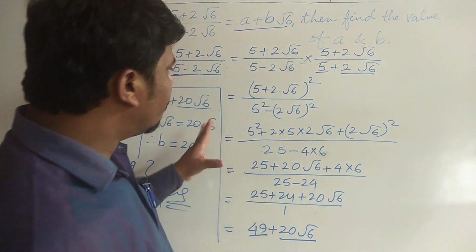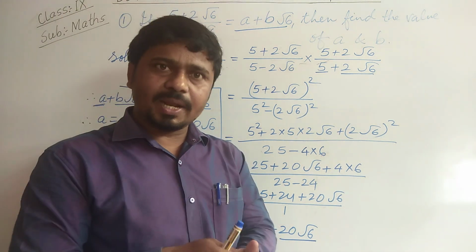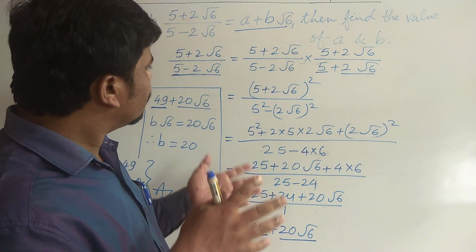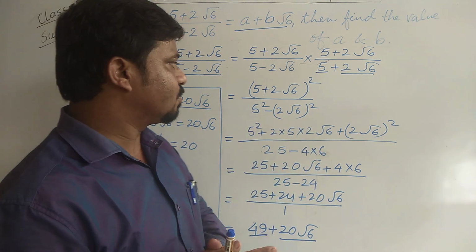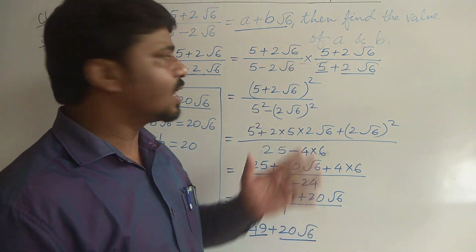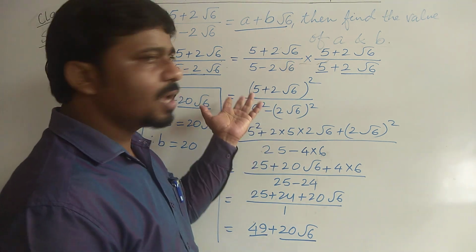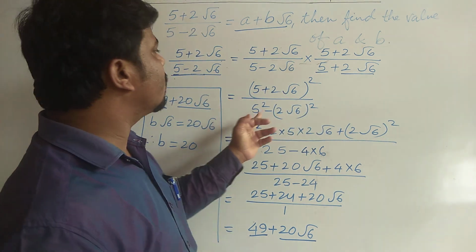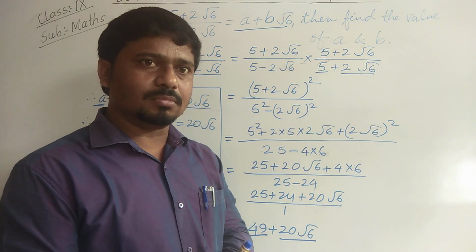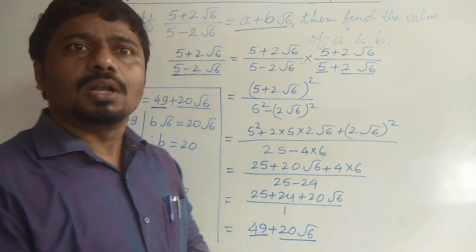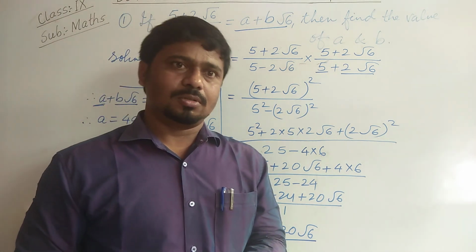But without learning algebraic identities you cannot solve this type of question, because we need to apply them. You can see sometimes (a + b) whole square comes, sometimes (a − b) whole square, sometimes a² − b². These properties are coming, so you need to learn them. Okay, thank you.